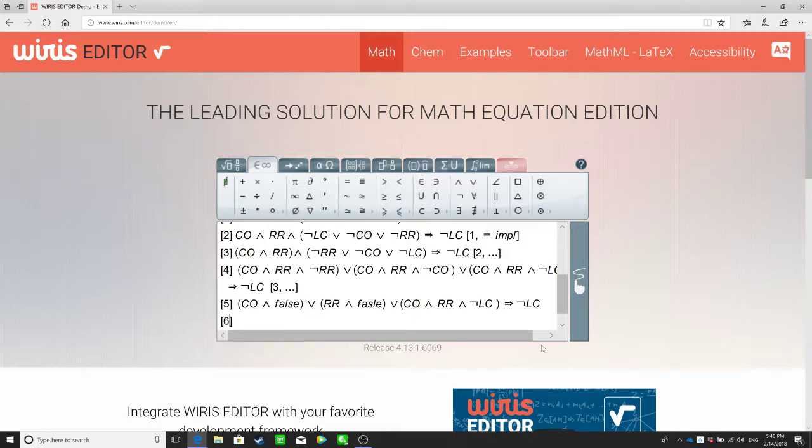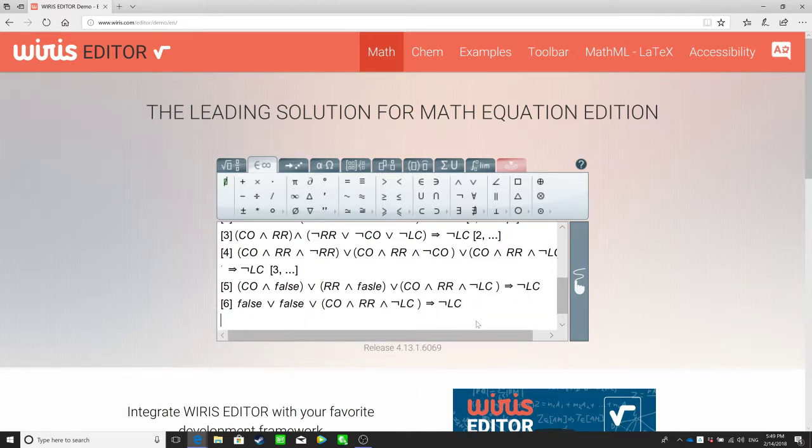Number 6 is we find false, false, false, false, false. Anything and this false becomes false. Yeah. So it's false or false, or this thing. Number 7.